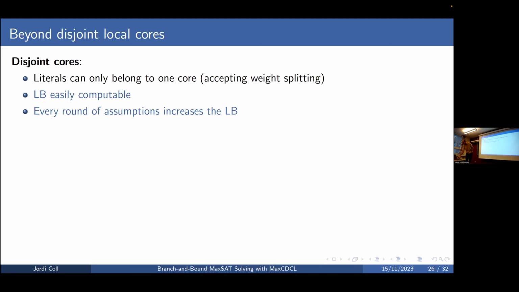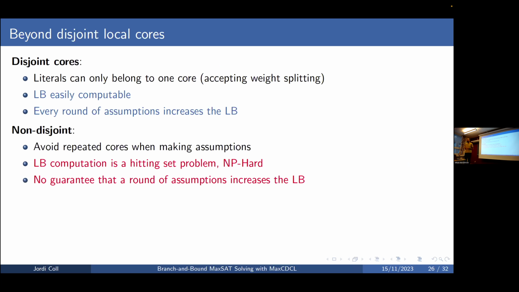What will happen if we don't use disjoint cores? Well, we will need some way of making sure we don't find always the same core again and again. That's not a big challenge. I mean, we could do this. But if you have non-disjoint cores, in the general case, finding what lower bound you can get out of this is basically solving a hitting set problem, a minimum hitting set problem, which is NP-hard, which we don't want to do in inner nodes of the search tree.